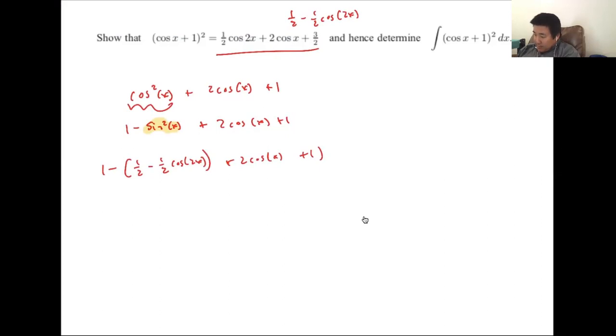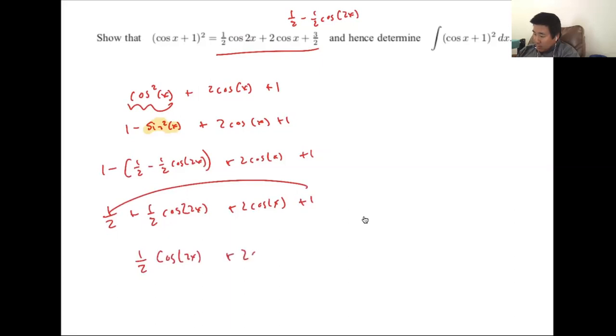So 1 minus 1 half is 1 half plus 1 half cosine 2x plus 2 cosine x plus 1. 1 plus 1 half is 3 halves, so 1 half cosine 2x plus 2 cosine x plus 3 halves.